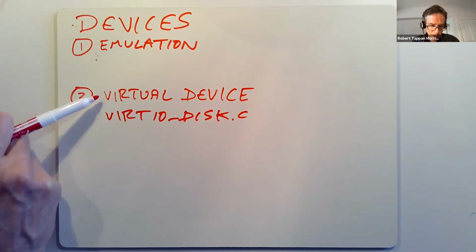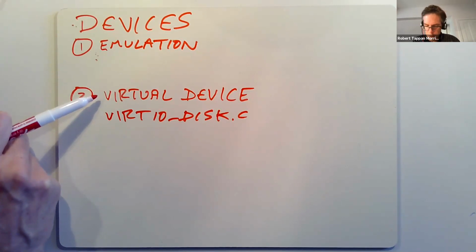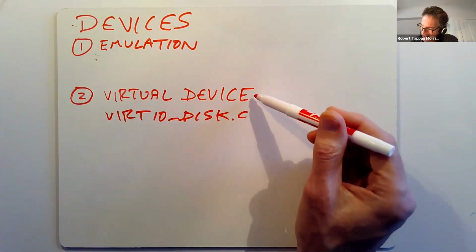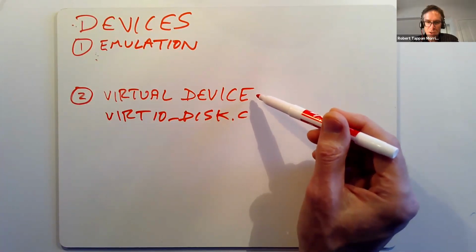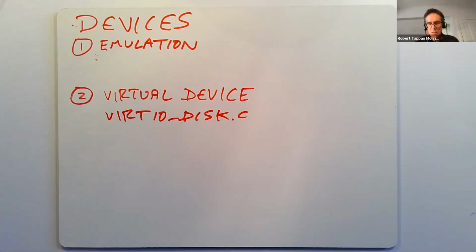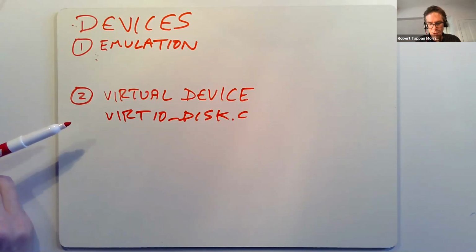And it uses little or no memory map control registers, and so it doesn't really rely on traps. Instead it formats up this queue of commands in memory, as I mentioned. And then QEMU looks at these commands in memory and applies them not to a real disk, but to a file.